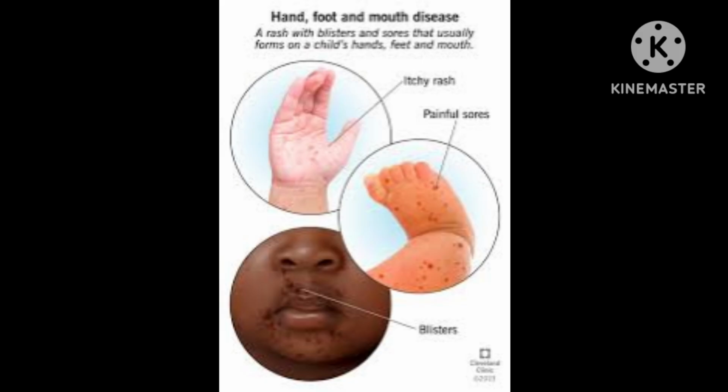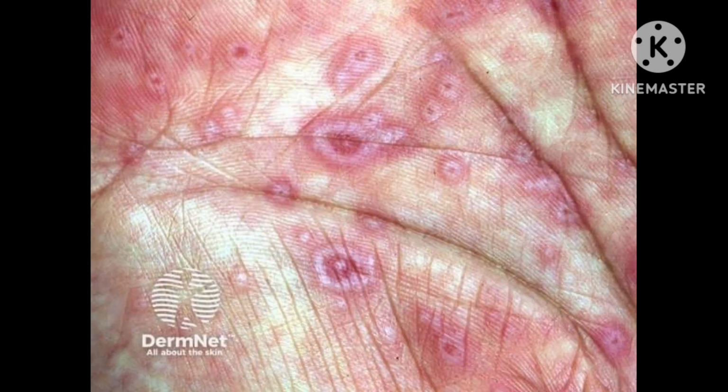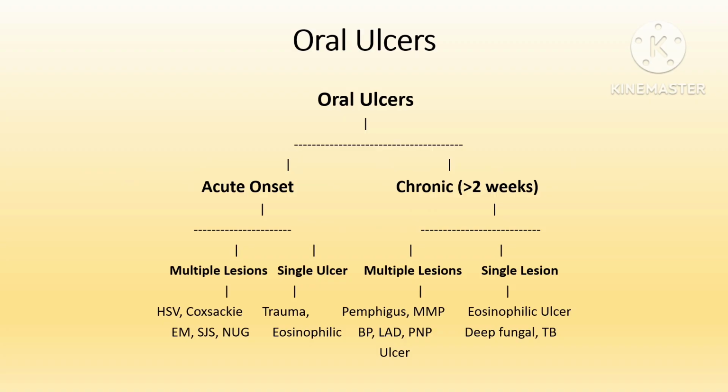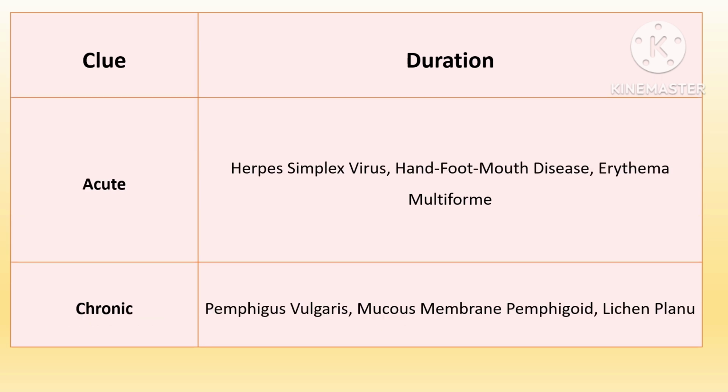Another acute condition is erythema multiforme, which appears within days of a drug reaction or infection. If a lesion has been there longer than 2 weeks, it is considered chronic. This raises concern for conditions like pemphigus vulgaris, mucous membrane pemphigoid, or even oral squamous cell carcinoma, especially if the ulcer does not heal and it is painless.